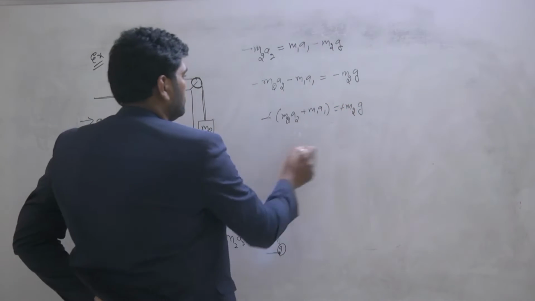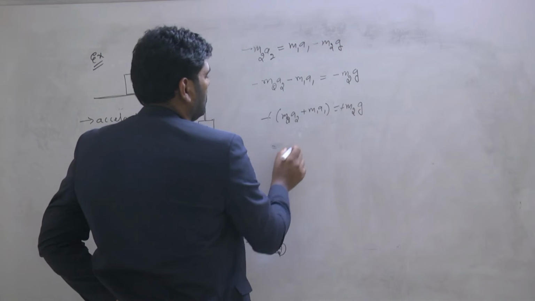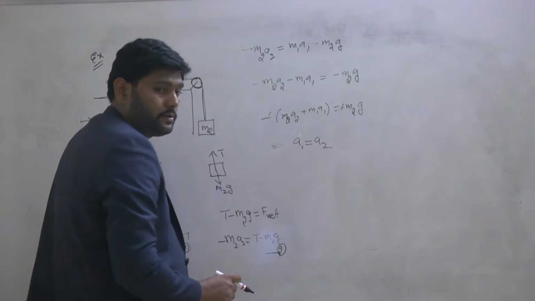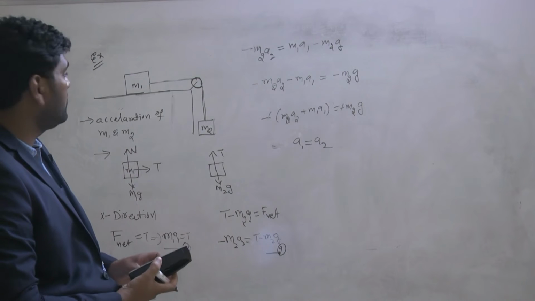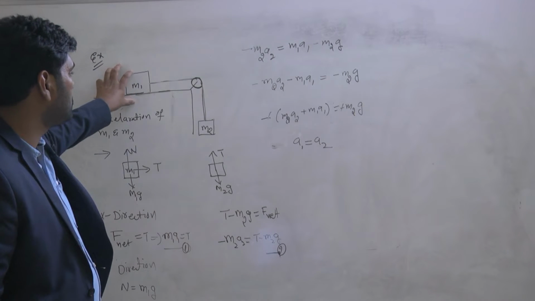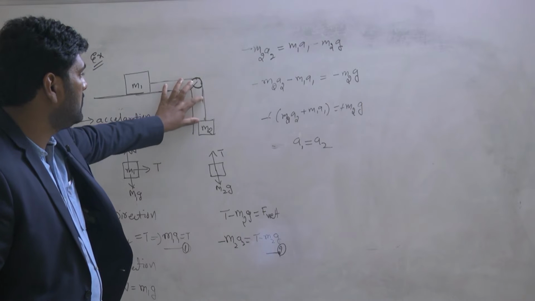After having this, here you can write the acceleration relation. A1 is equal to A2. What is this A1 is equal to A2? A1 and A2 are nothing but the acceleration of the first mass and second mass. Understand?